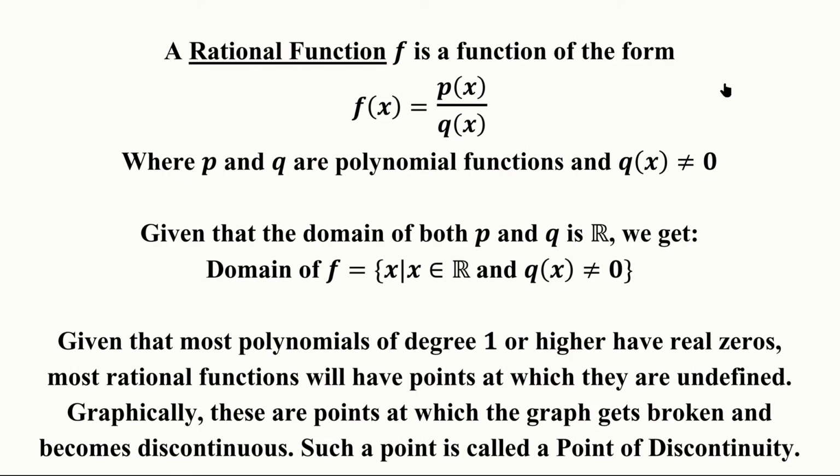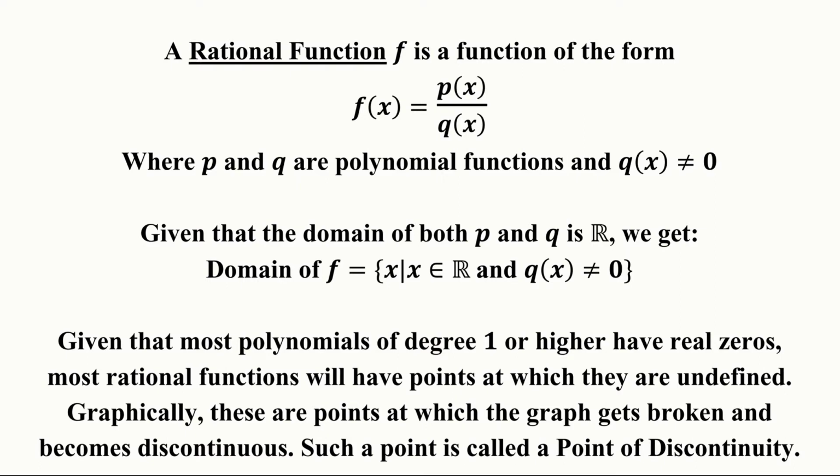Just as a rational number is a quotient of two integers, a rational function is a quotient of two polynomials where the denominator cannot be zero. And of course, the same was true about rational numbers. It was a quotient of two integers, but the bottom integer could not be a zero.